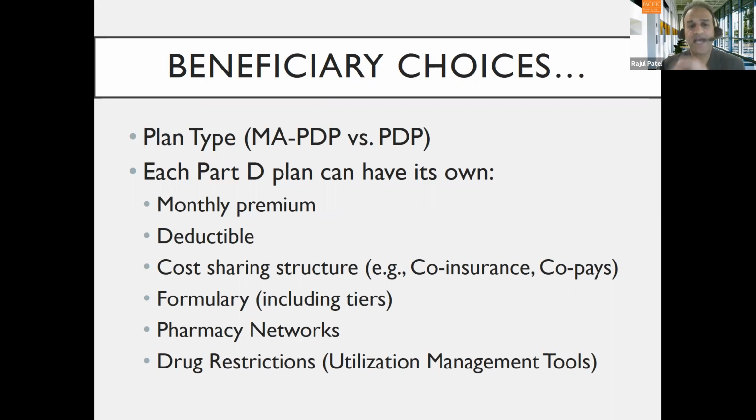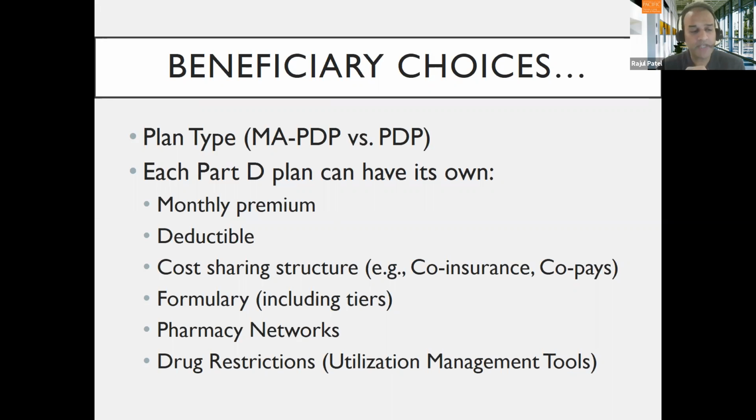Cost sharing structure means how much you're asked to pay for your medications, and that can differ between plans. Co-insurance is if you're asked to pay a certain percentage of the drug cost, and a copay means you're asked to pay a certain dollar amount that's typically dependent on what tier the medication's on. Formulary, every drug plan is different. Medicare has some minimum requirements in terms of formulary coverage, but plans have a lot of flexibility as to what they want to cover.